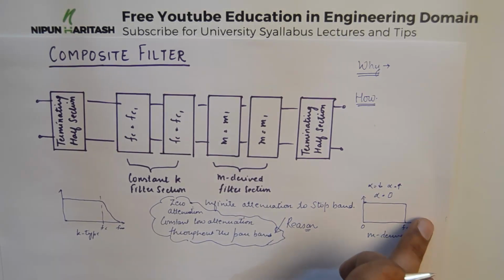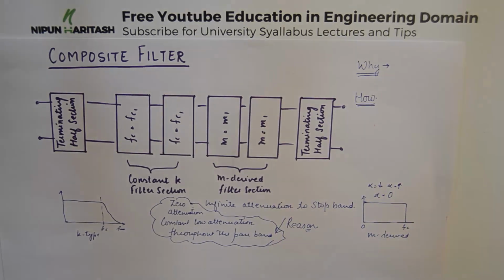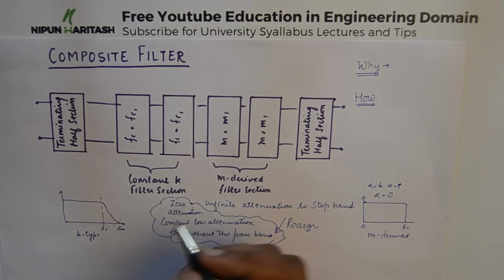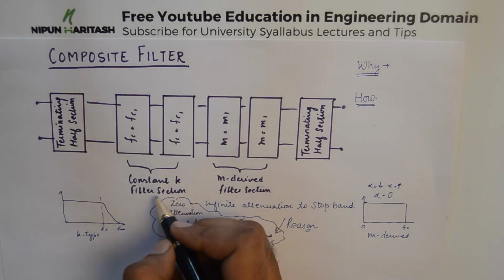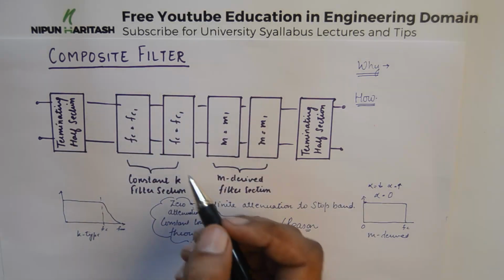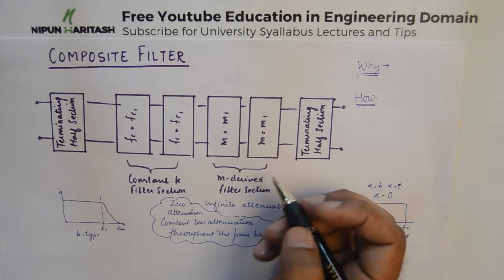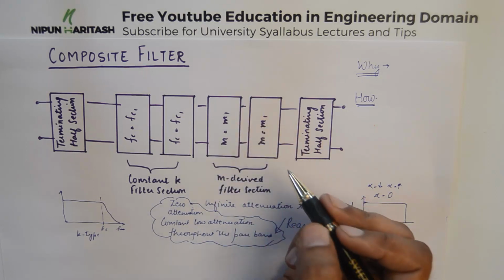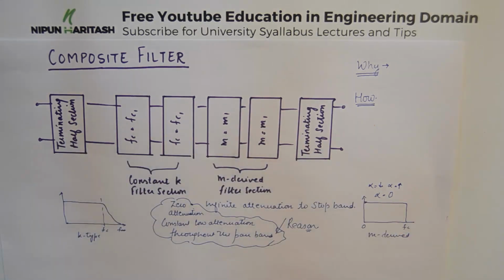Now if you look at the design of a composite filter, it is made up of a constant K filter section, and then we have an M derived filter section, and then we have terminating half sections.